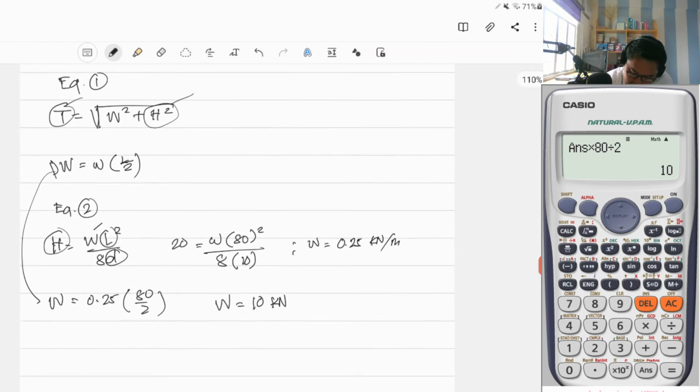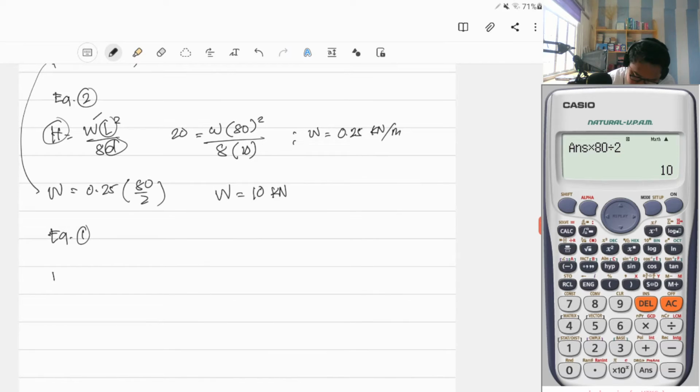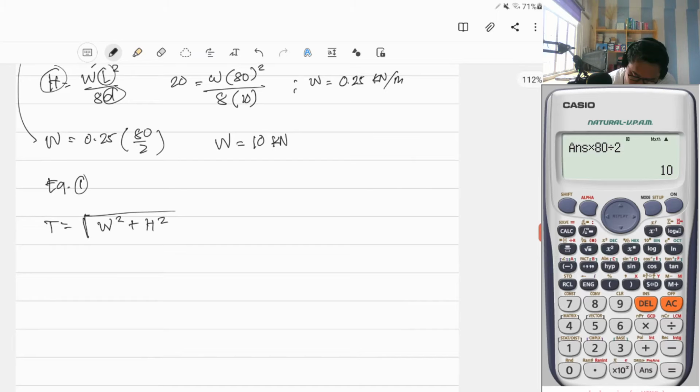So substituting this into our formula, equation number 1. Again, equation number 1, we write T equals the square root of W squared plus H squared, from the force polygon that I derived a while ago. So we have now the components W and H: the square root of W, 10, squared plus H, 20, squared. So we can solve T. What is T?